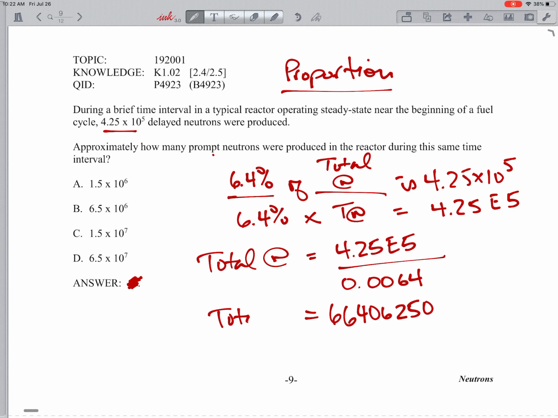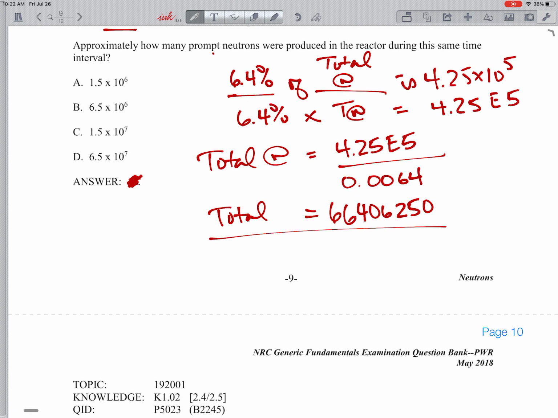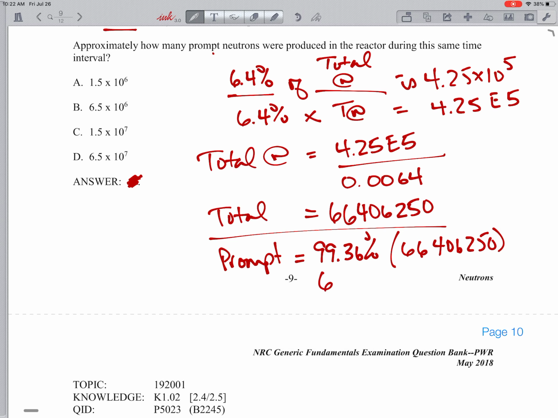It's going to be a total. Now the rest of them, prompts, are going to be equal to 99.36% of 66,406,250. Now you just multiply that. Nope, not by 99, by 0.9936. And that's going to be equal to 65,918,250.